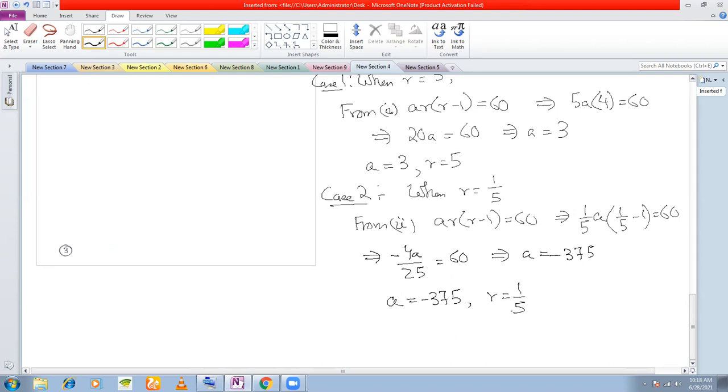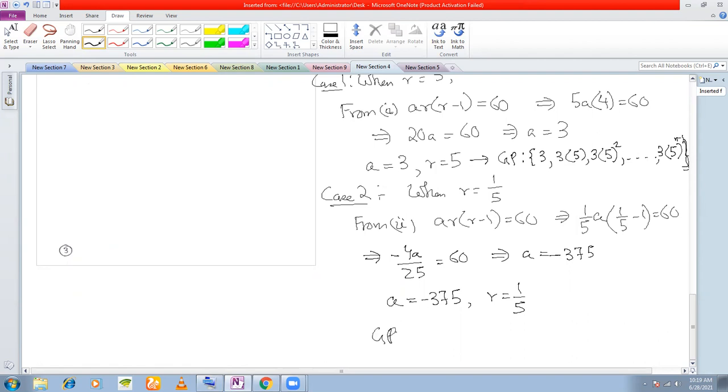Now in each case, if they ask you to write the GP, what should the GP be here? a, ar, ar square, and so on, till ar to the power of n minus 1. This is the GP, right?